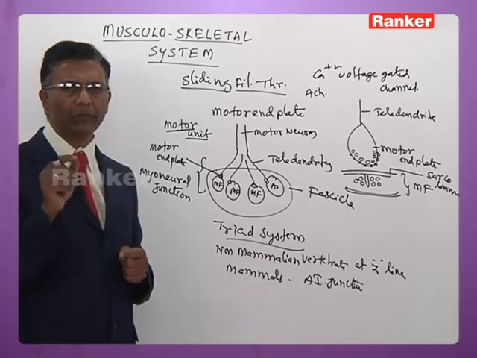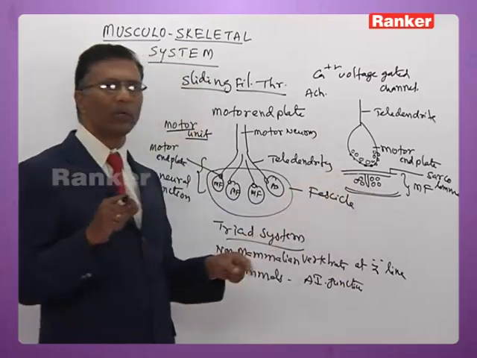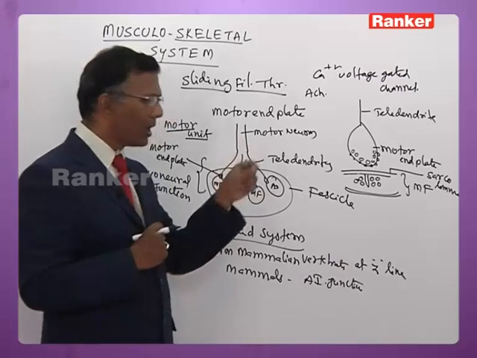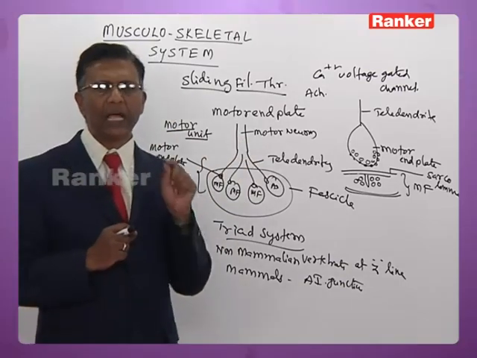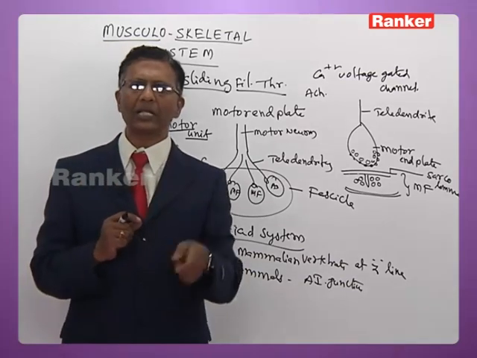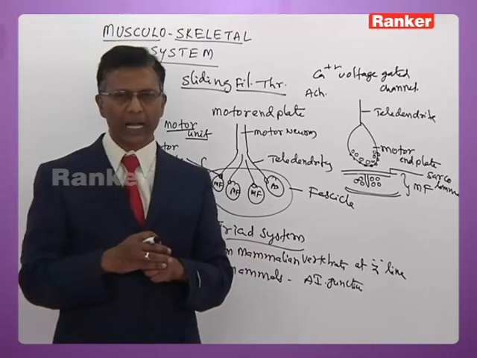Dear students, remember the function of the triad system. The transverse tubules help in conduction of impulse, whereas the cisternae, all those small vesicles, store calcium ions, and on stimulation they discharge calcium ions into the sarcoplasm to trigger the mechanism of contraction.